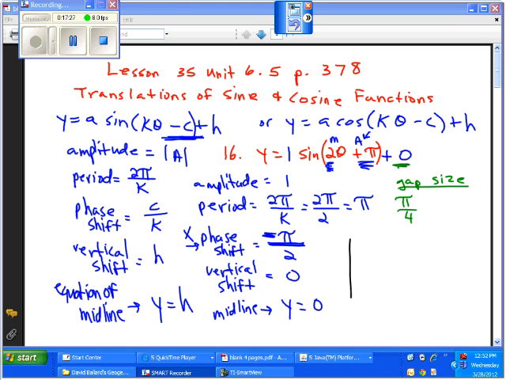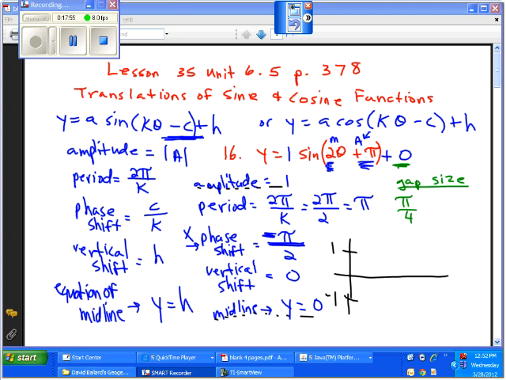So we're going to think about how to graph this. First of all, I need to understand that my midline is still 0, so I'm going to be working off of the x-axis. My amplitude is 1, so I'm still going to go from 1 to negative 1. So I kind of thought about, did I need to move my midline?